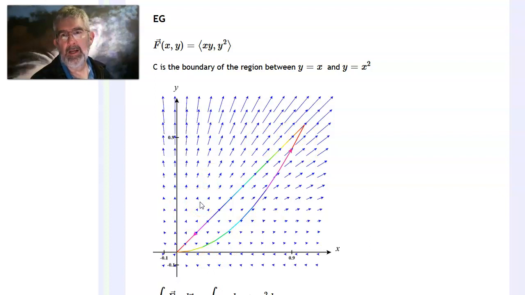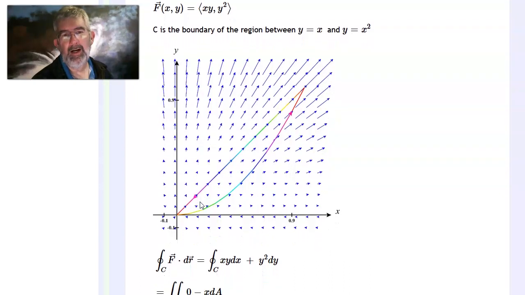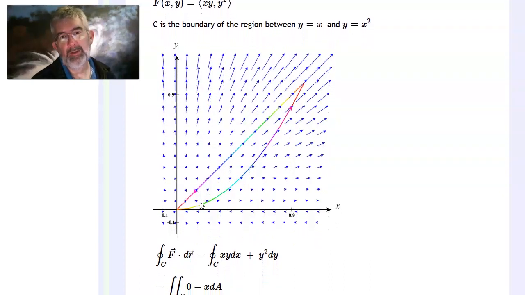Now, I haven't parameterized this yet, but I'm not going to, because what I'm going to do is switch it to a double integral. I could parameterize this curve and then parameterize that curve and then add the two results, right? When you have a piecewise boundary like this, you've got to do the individual pieces and then add the results.